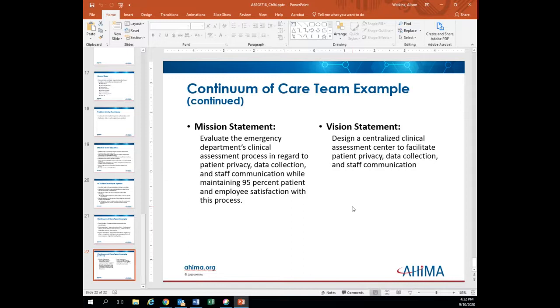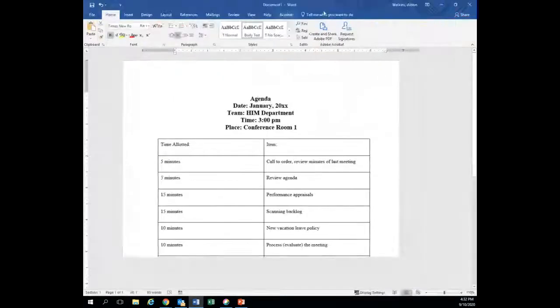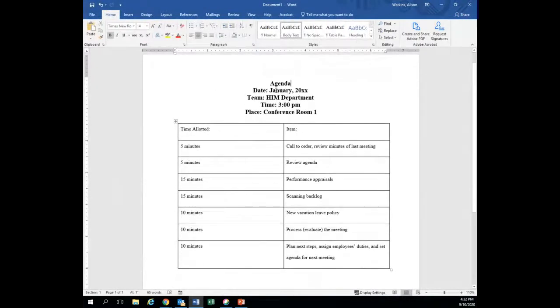Number 3, you've been appointed as a new HIM manager, upcoming staff meeting, an agenda needs to be created, and they want you to design an agenda. So I basically just went ahead and pulled something that looks like an agenda. So you can see here, it's got the team, the meeting time, where it met.